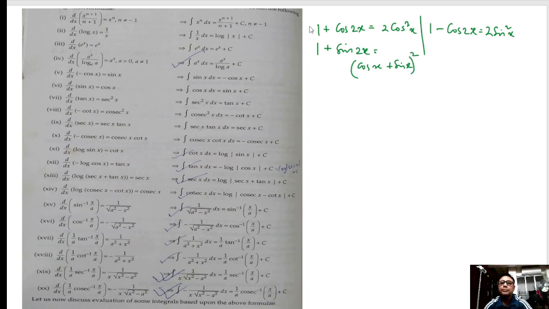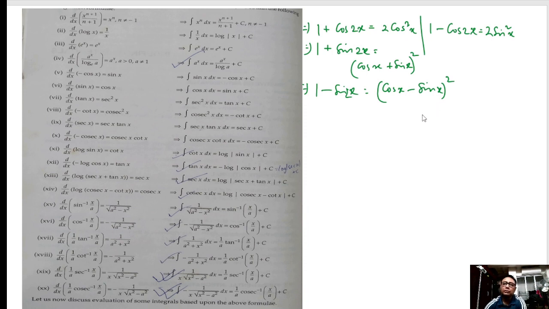Similarly, 1 minus sin 2x will be cos x minus sin x whole square.